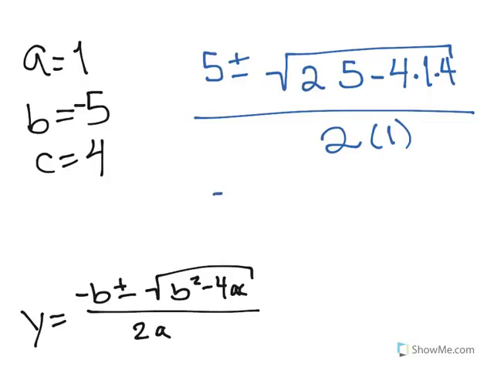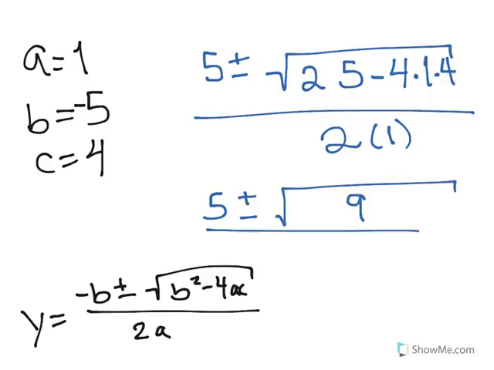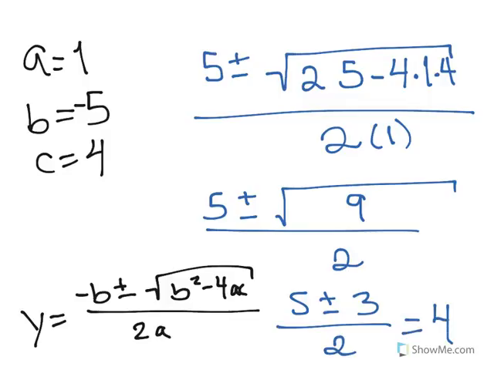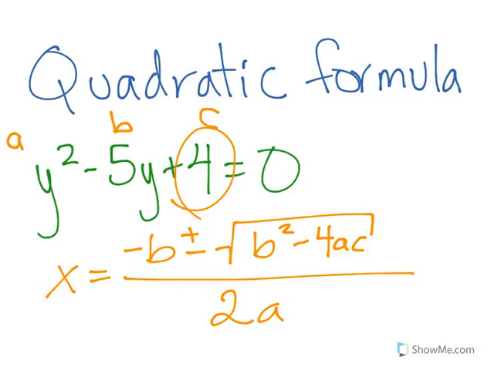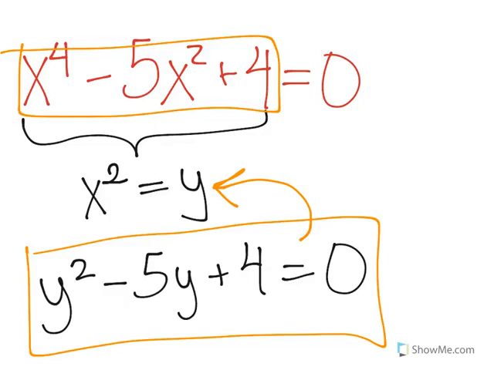And now we can simplify: 5 plus minus the square root of 9 over 2. We know that the square root of 9 is 3, so 5 plus minus 3 over 2. And this gives us 4 and 1. We get 2 solutions.